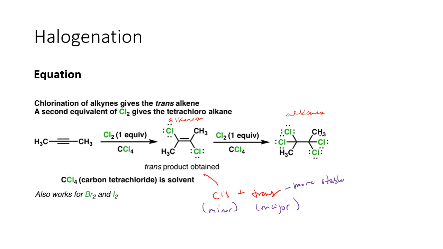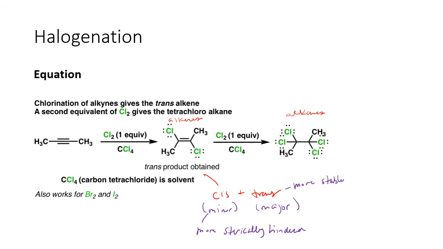The bulkier groups are spaced out. They're on opposite faces of that alkene. Whereas when they're cis, they're on the same side, so they're a little bit more sterically hindered. So they both will form to a certain extent, but the trans is going to be the major product that you want to show for sure.